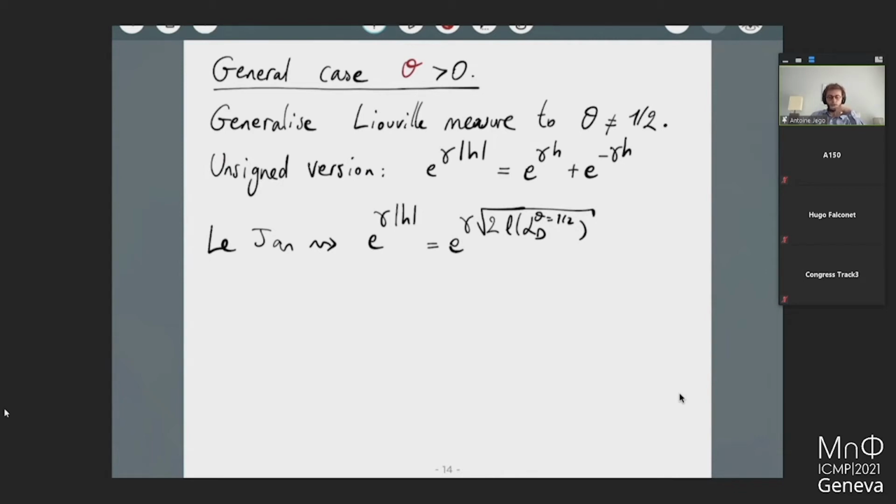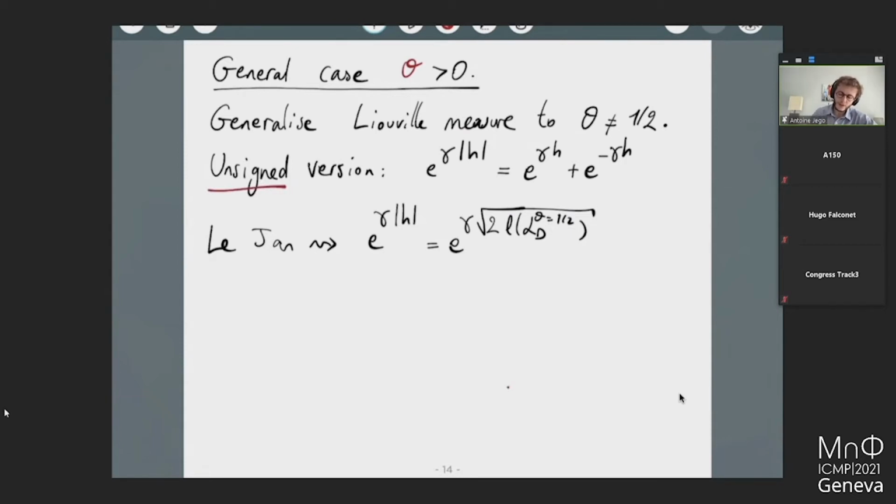To do that, we don't really consider Liouville measure, but we actually consider an unsigned version of it, unsigned because in the isomorphism we were taking the Gaussian field squared. So the isomorphism doesn't really see the sign of the GFF. That's why we consider an unsigned version of it.